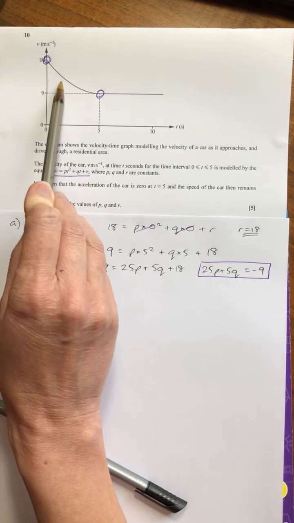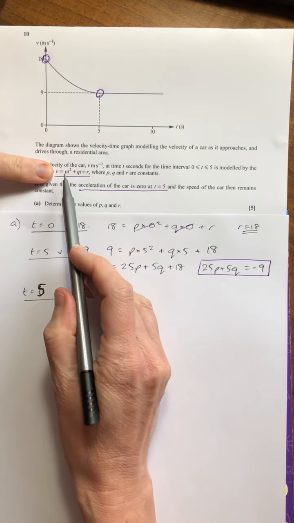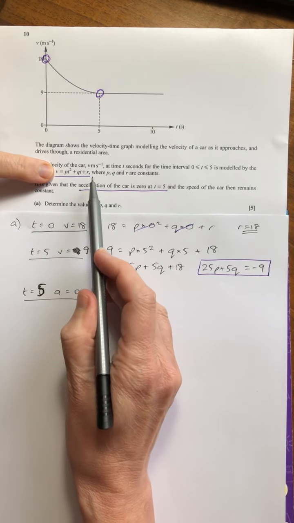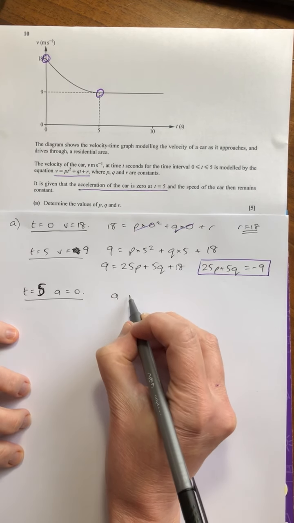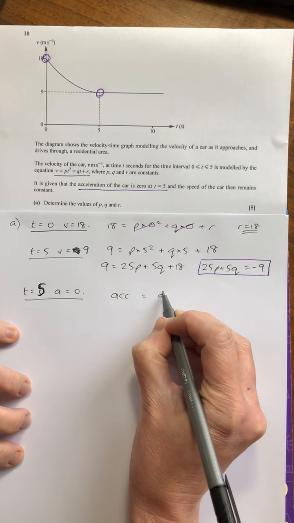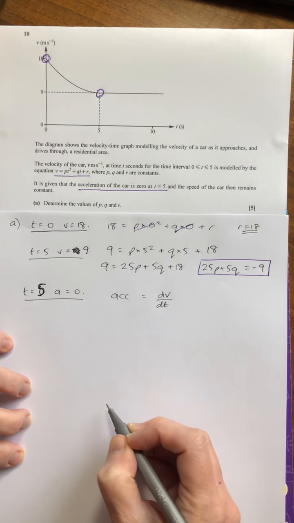So this is telling me that when time is equal to 5 seconds, the acceleration is 0. The only thing is we don't have an expression for acceleration. But with this expression here, non-constant acceleration, we had ways of working out acceleration. You know that acceleration is the gradient of the velocity time graph.